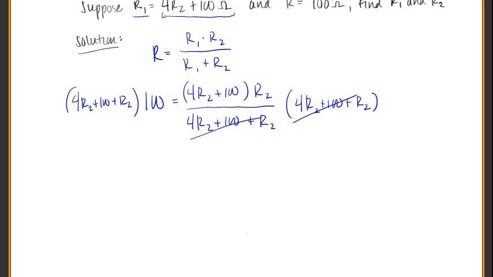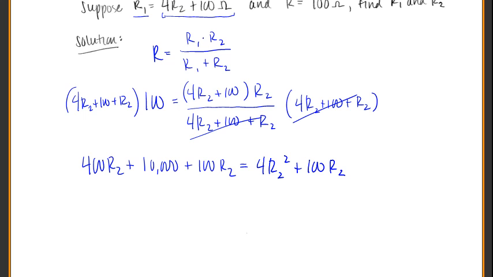So 100 times that left side would give us 400 R2 plus 100 times 100, so 10,000, plus 100 R2 is equal to, multiplying this out, 4 R2 squared plus 100 R2.